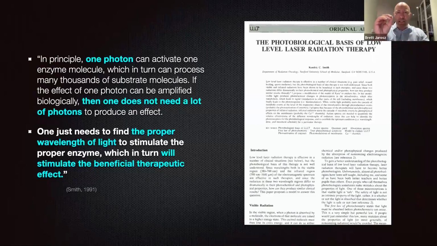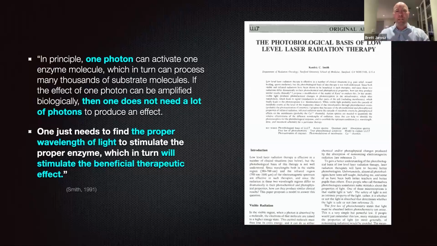It's more about getting the right color of light that has the right amount of energy, so electron volts, to be able to create that physiological effect. So the last point, one just needs to find the proper wavelength of light to stimulate the proper enzyme, which in turn will stimulate the beneficial therapeutic effect.